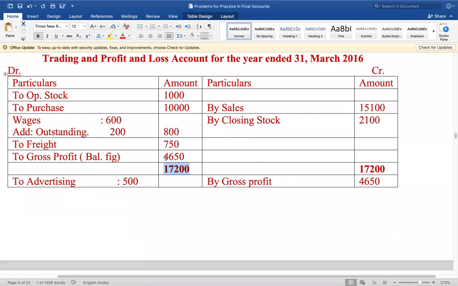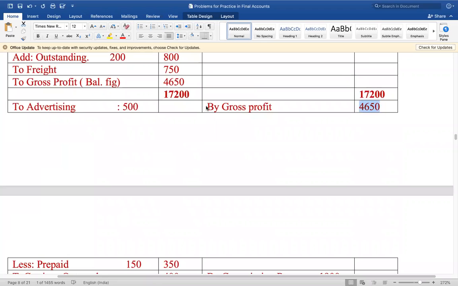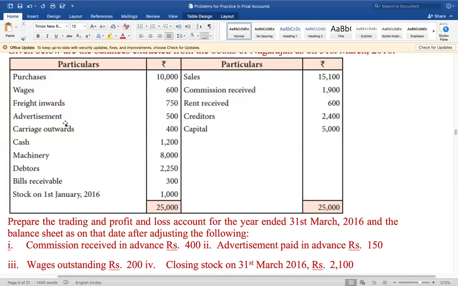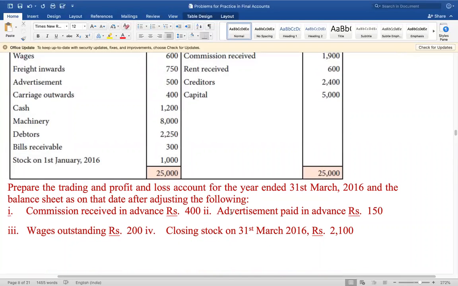Then bring this gross profit to the profit and loss account. From here we start the profit and loss account, by gross profit 4,650. Then start taking the remaining items. Advertising 500. Is there any adjustment? Yes, there's an adjustment.